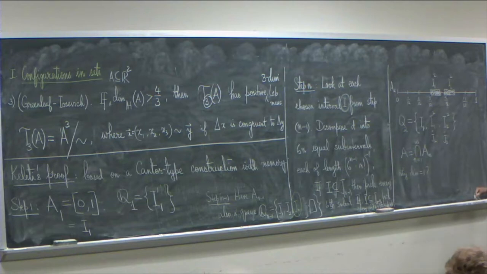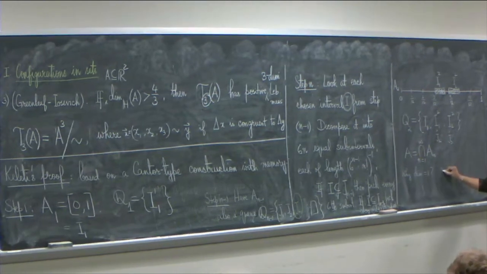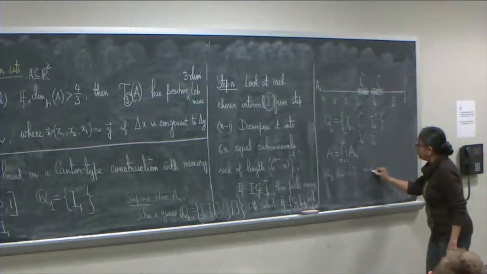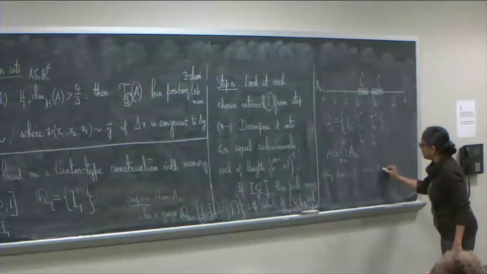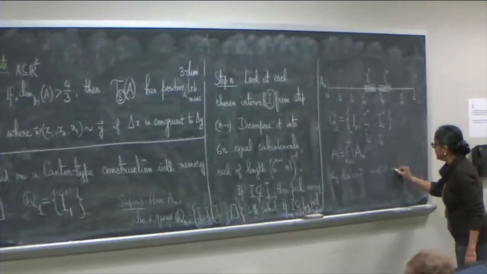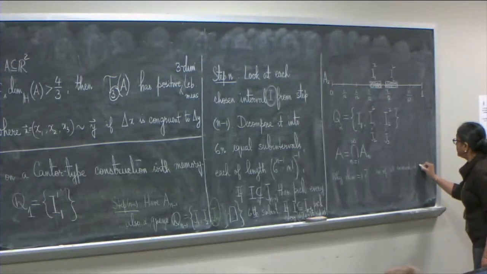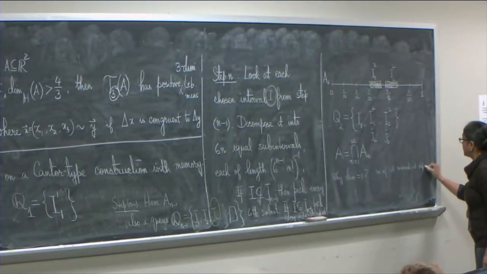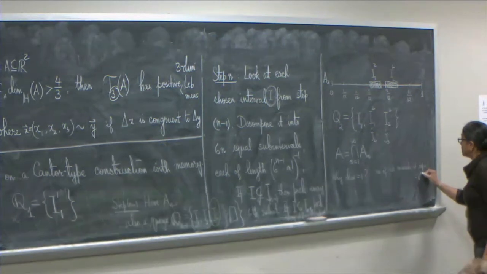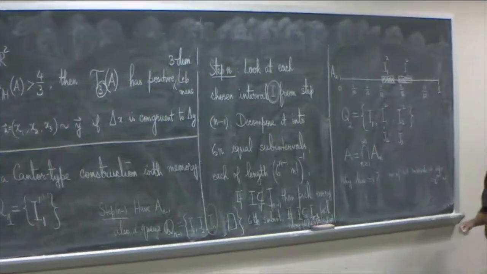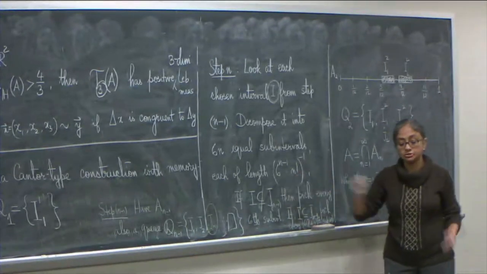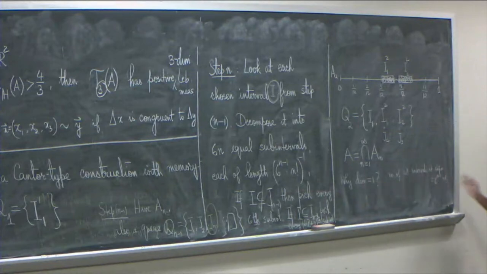Why does it have dimension 1? So if you keep tabs on how many, at the nth stage, you see the number of all possible intervals at step n, this is 6 to the n minus 1 times n factorial, because that's the size of each interval, and the total number of such intervals in 0 to 1 is this much.